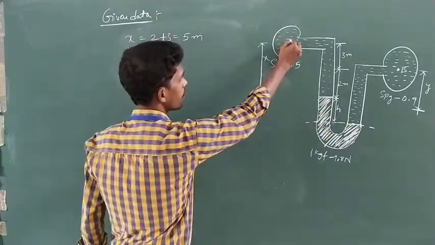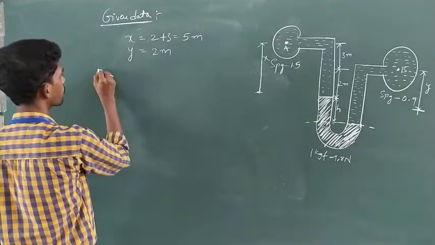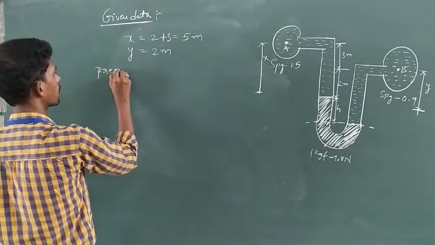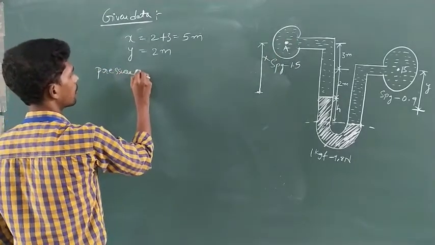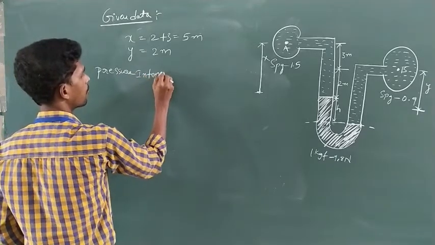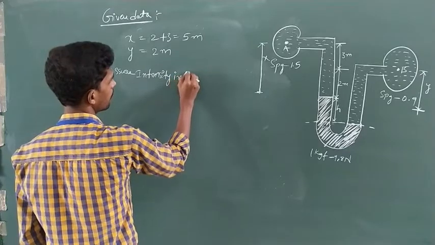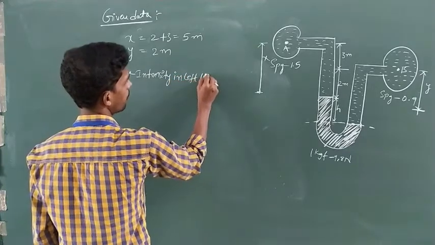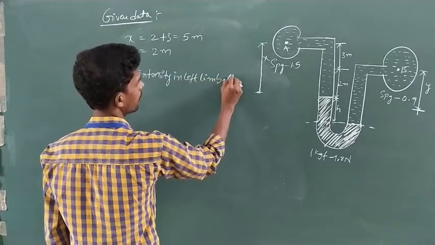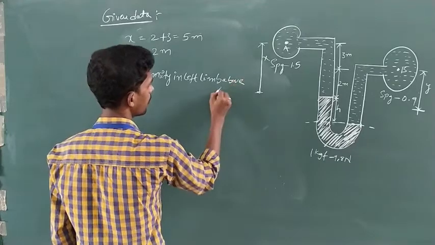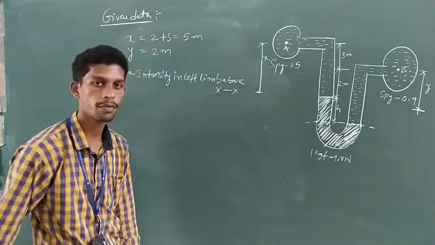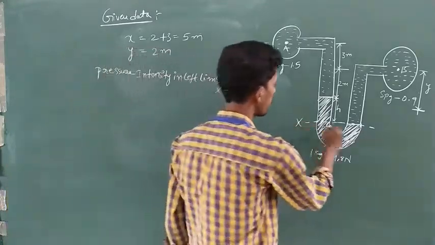So what is the pressure intensity here? Pressure intensity in the left limb above XX. We have to find out above the datum line, right?